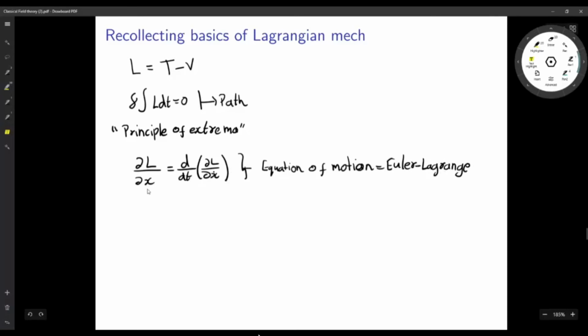Here my only degree of freedom is x, but I could say x is a subset of x0, x1, x2 and so on, and denote them as xi. The common convention is to denote it as qi. And basically, if you substitute this, you would just get.